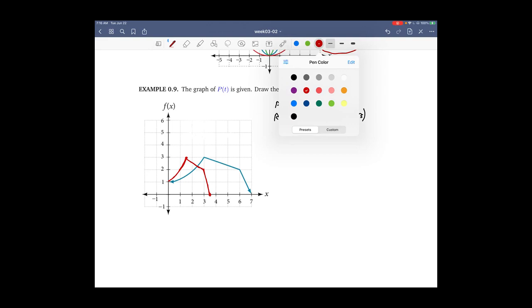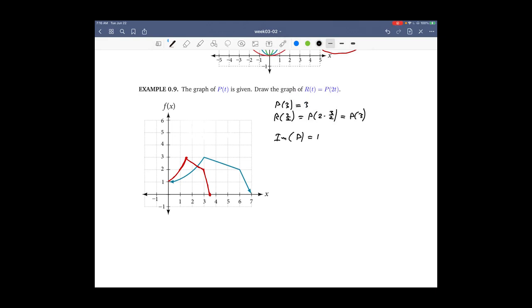Note, by the way, that the image of both functions is the same. It's the interval 0, 3. But the domains are different.